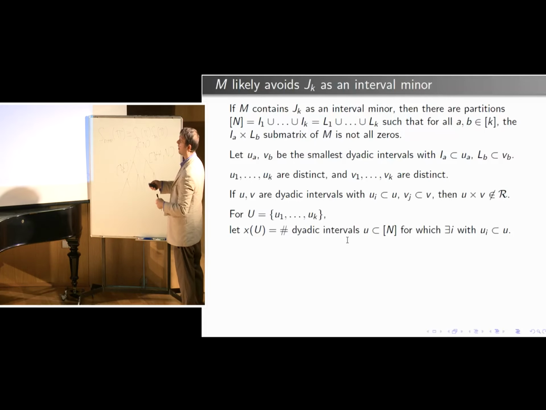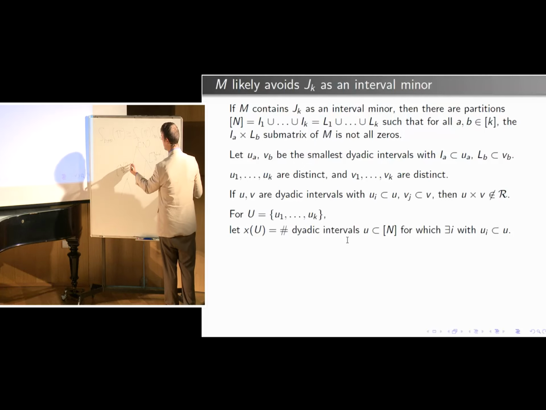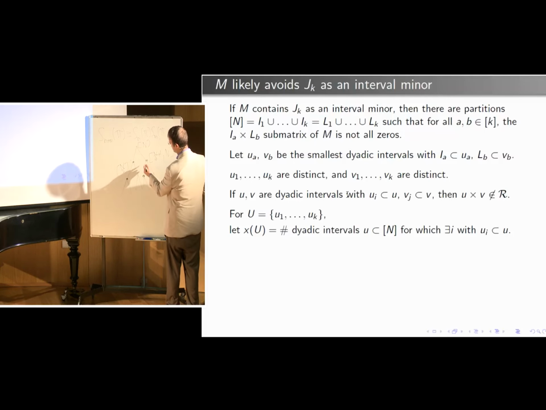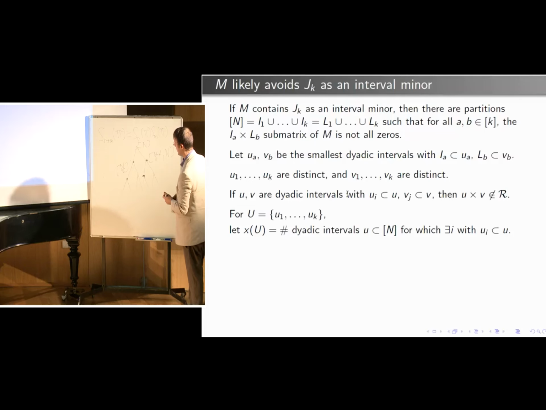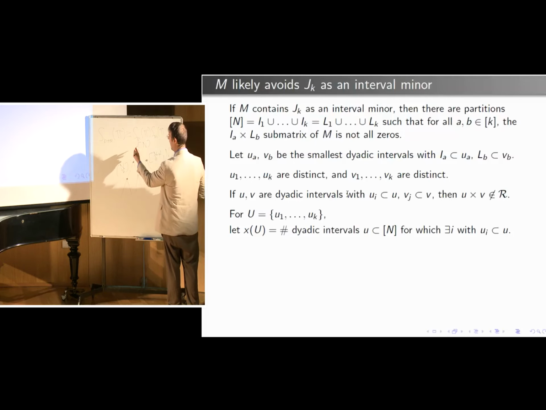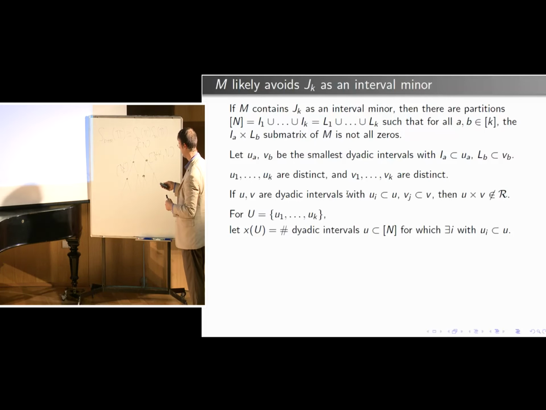So X of U, where we have these K intervals, would be counting the number of vertices of this complete binary tree that are above at least one of them. So here in this example, if these were 4 of these dyadic intervals, X of U would be 5.